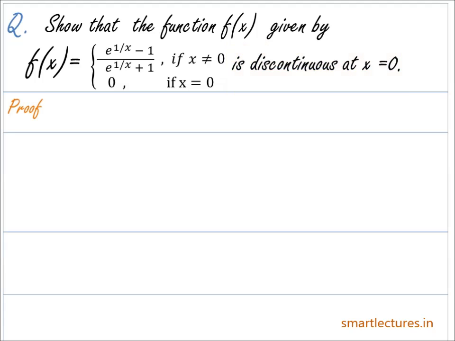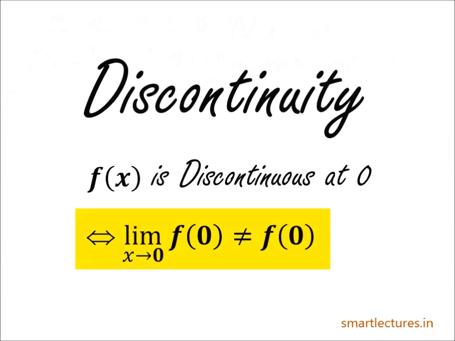By now you know it very well that a function will be discontinuous at a point if and only if either its limit doesn't exist or it is not equal to the value of the function at that point.